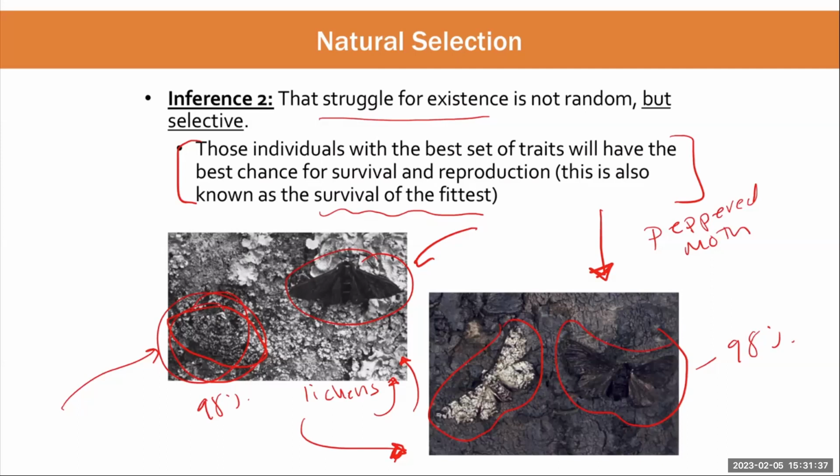Lichen are pretty sensitive to air pollution and air conditions, so they started to die back. So trees that had been light and covered by lichens were now dark and bare, like the one you can see in this image. And so we now understand that over time, the dark morph was better adapted to those conditions, because now in this new environment, they had a higher probability of surviving.